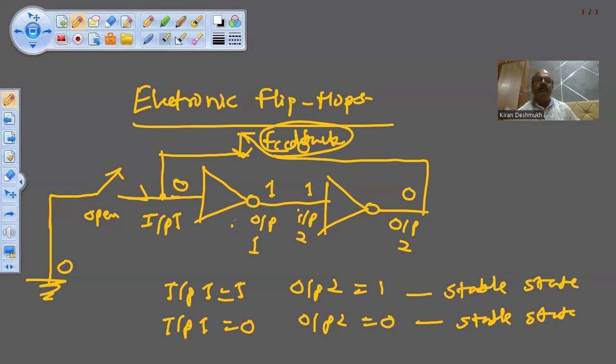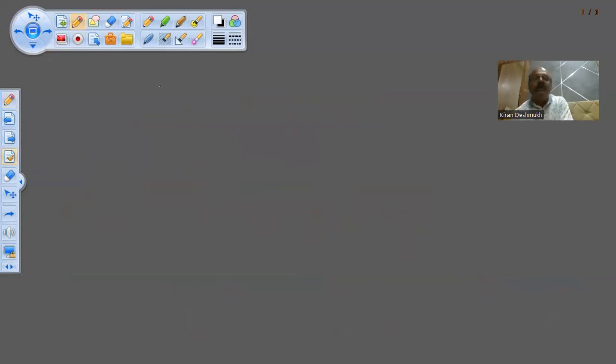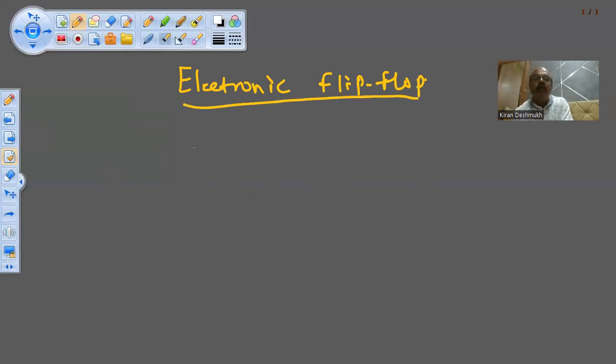So the modification to this is that we go for another type of electronic flip-flop. In this flip-flop, instead of inverters, I connect a NOR gate.